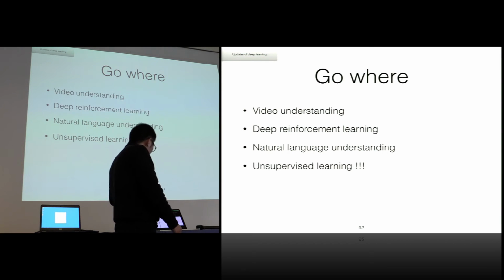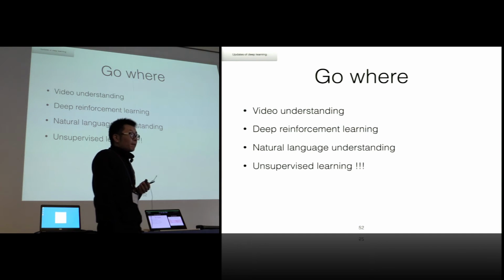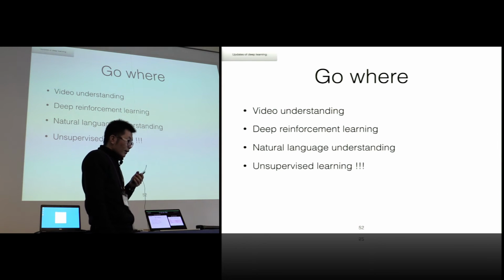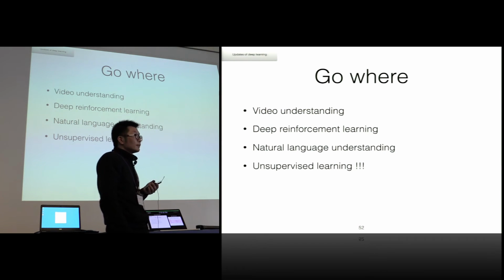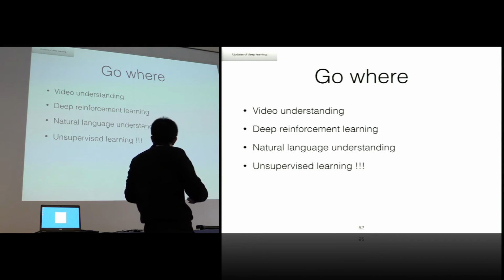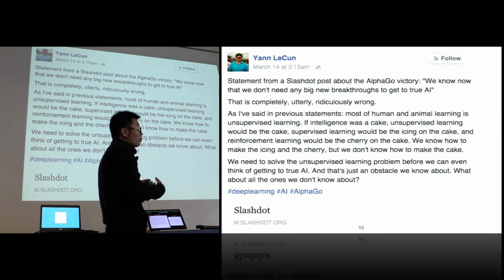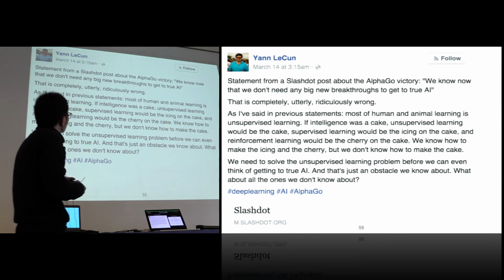At the end, I want to mention unsupervised learning. Unsupervised learning is the way we humans do. We learn something every time without being taught, and we have this real intelligence. I want to quote Yann LeCun, a pioneer in this field.